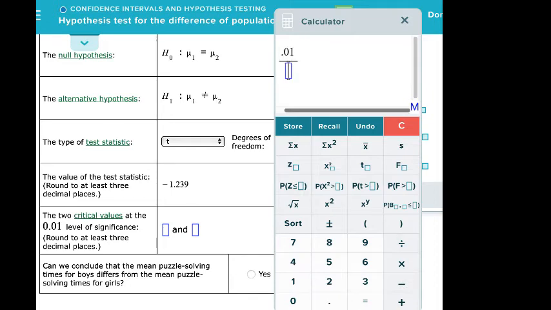So we take 0.01 divided by 2, which gives 0.005. Then we find t with degrees of freedom 14, which gives us our right value, 2.977, and to find the left one we just take the opposite.